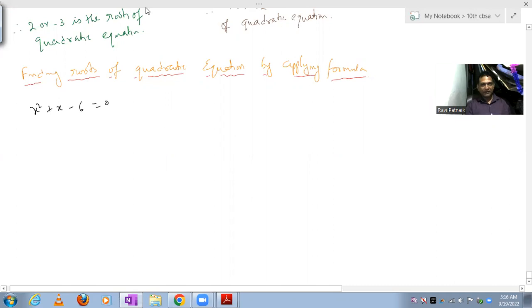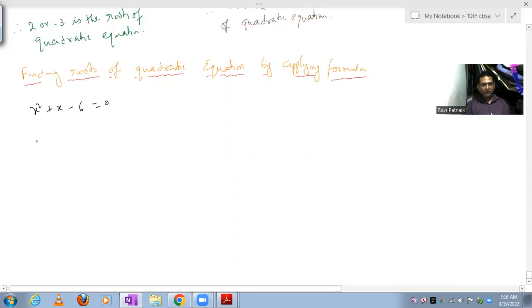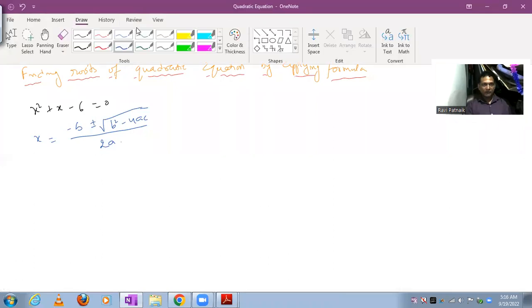Generally, for any quadratic equation, the formula to find the roots is x is equal to minus b plus or minus square root of b square minus 4ac, by 2a. Now just apply this one.